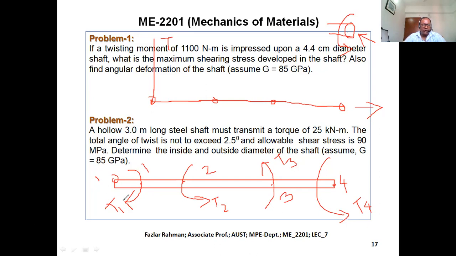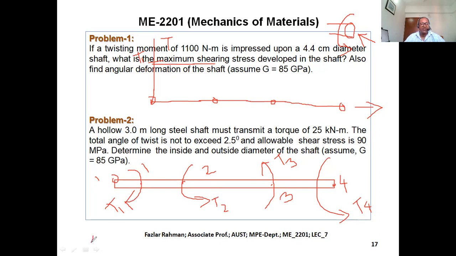If you take clockwise positive at point 1, how much torque? T1. Then you come to point 2, where you get the opposite value, anti-clockwise.